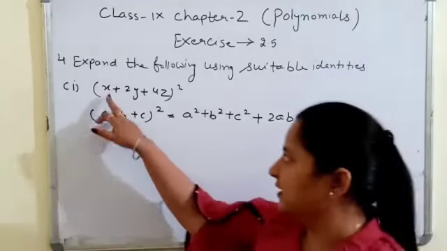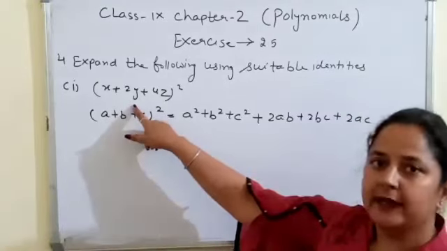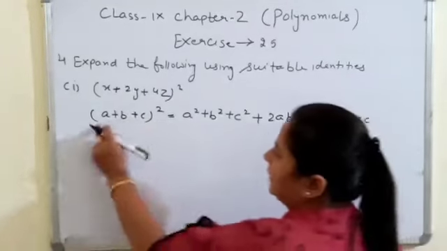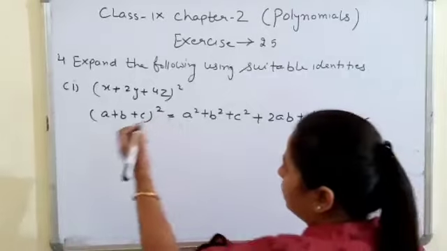So what is a here? That is x, and b is 2y and c is 4z. So in place of a, b, c substitute these values.